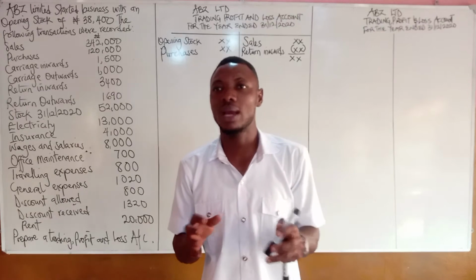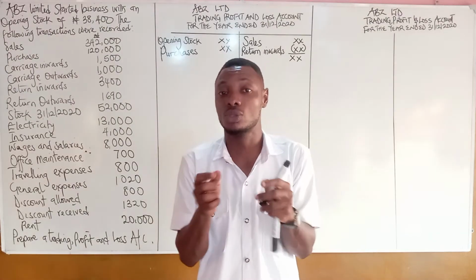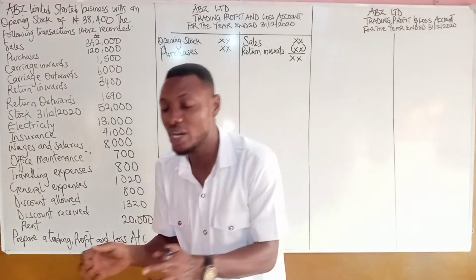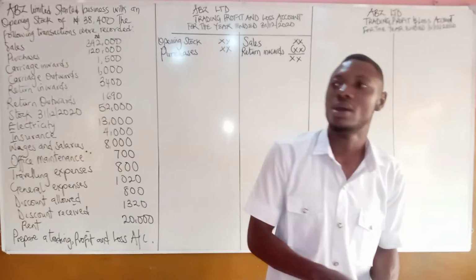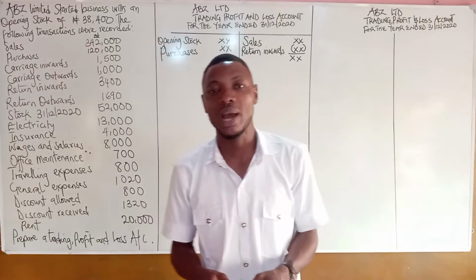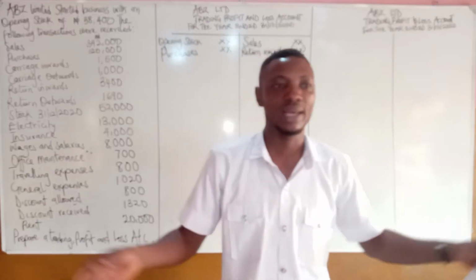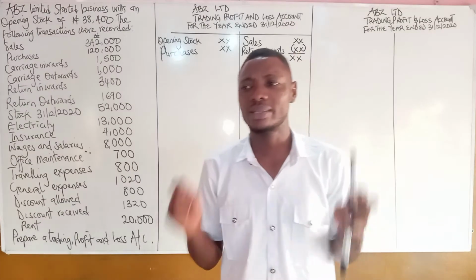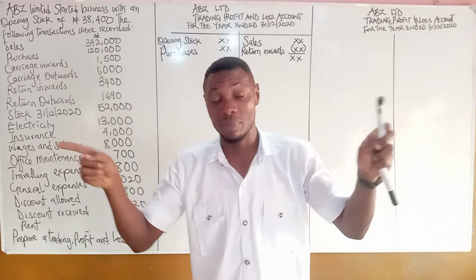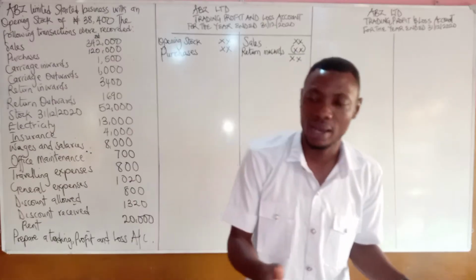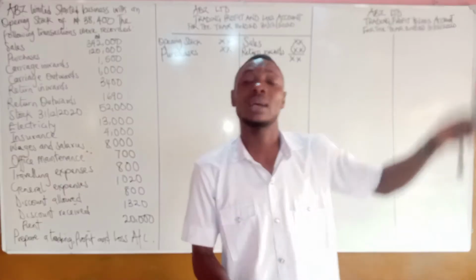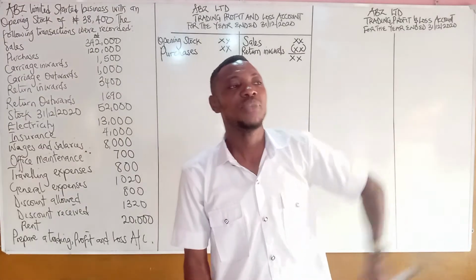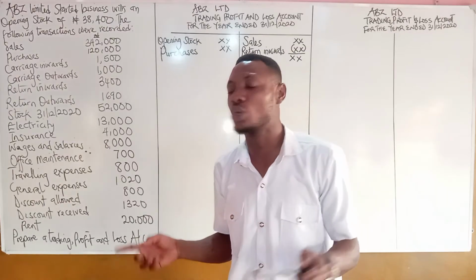Carriage inwards is the cost you incur in carrying these goods from where you bought it to your shop. Now, some persons go into the market to buy products, say they sell provisions. As they are deep down in the market, they buy bags of tomatoes, bags of onion, and their cars are parked by the roadside. There is no way for them to carry those goods on their head.